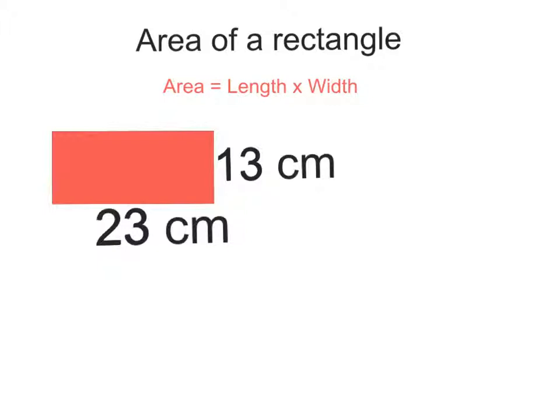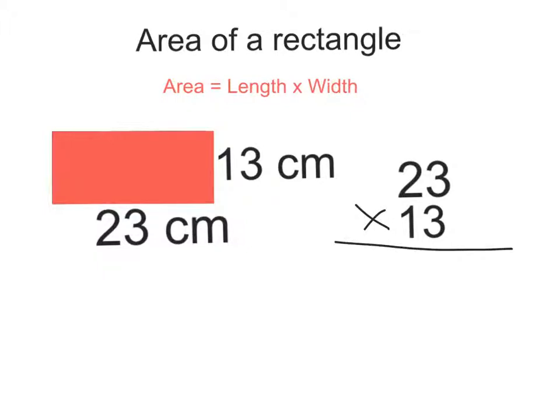To calculate the area of a rectangle, I'm going to use the formula area equals length multiplied by width. To do this, I'm therefore going to take the 23 centimetres, which is how long the rectangle was, and then multiply it by the 13 centimetres, which was how wide the rectangle was.